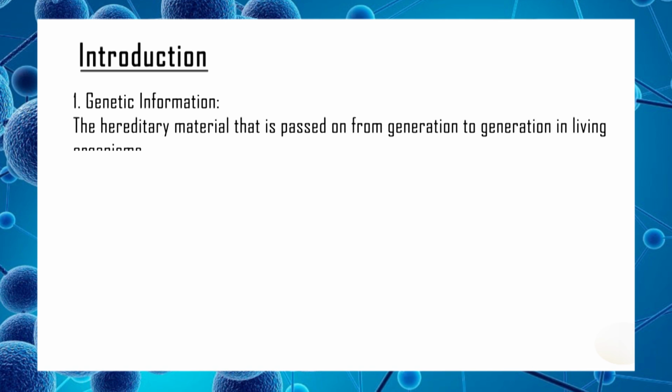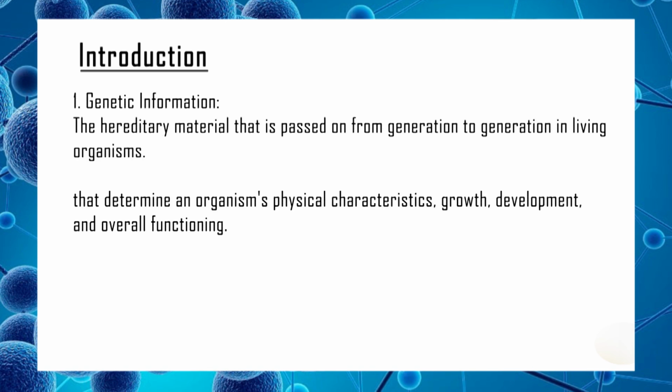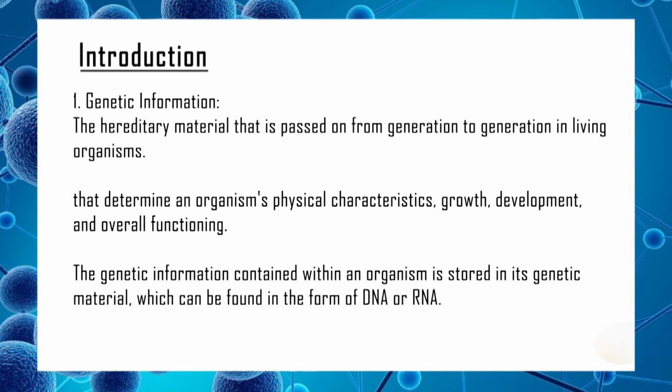Introduction to genetic information. Genetic information refers to the hereditary material that is passed on from one generation to another generation in living organisms. It encompasses the instructions that determine an organism's physical characteristics, growth, development, and overall functioning.